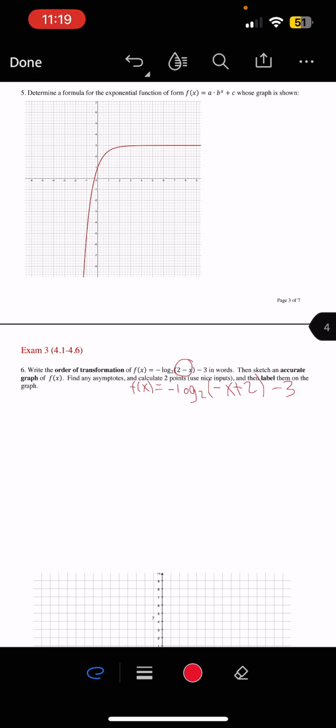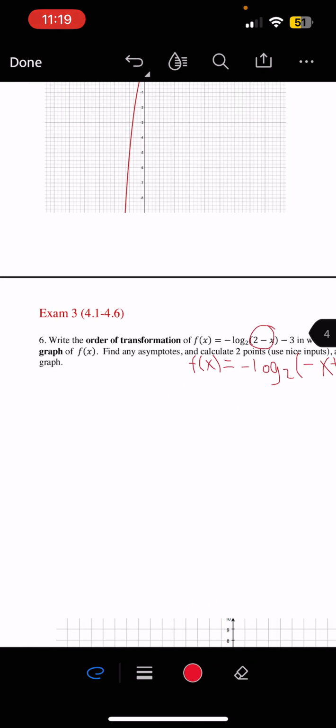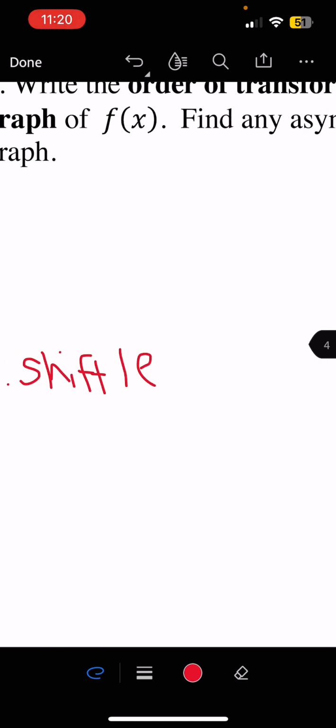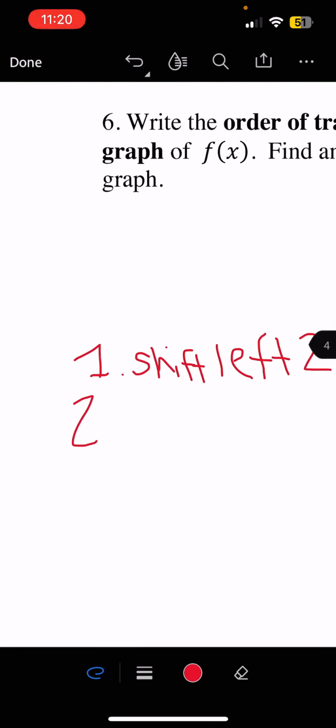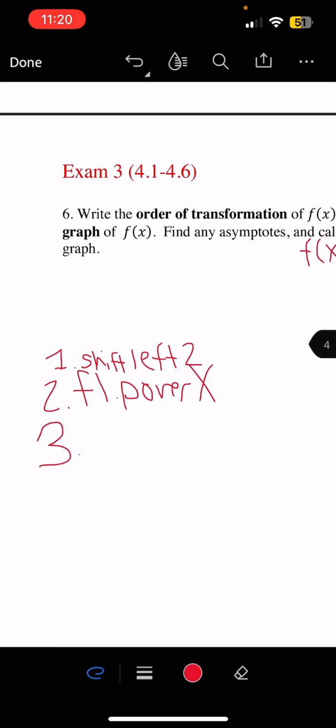So our first step is going to be looking inside and seeing that it's plus 2, which means that there's a shift left 2. Now our second and third step are going to be those two negatives: flip over the x-axis and then flip over the y-axis.